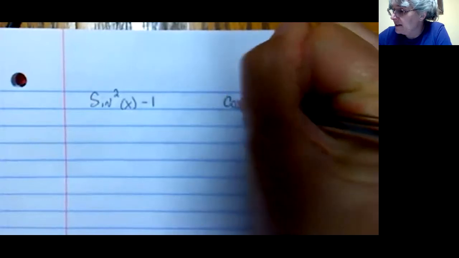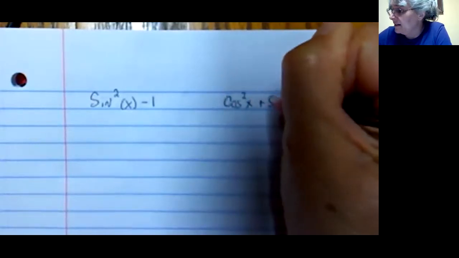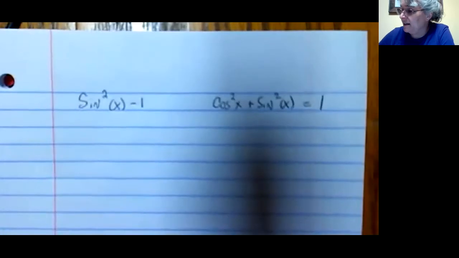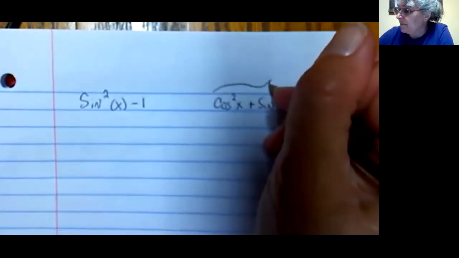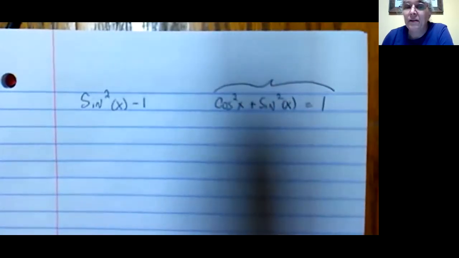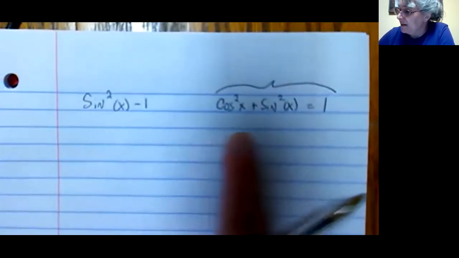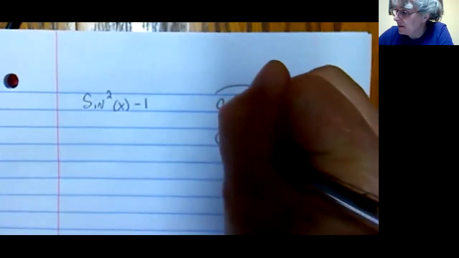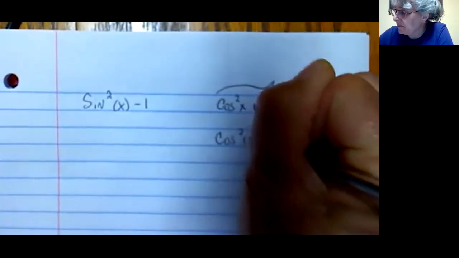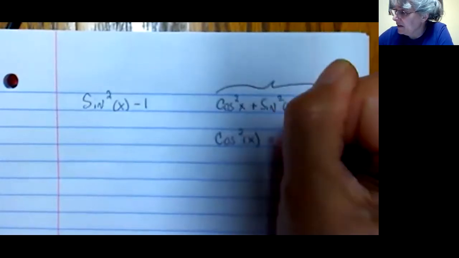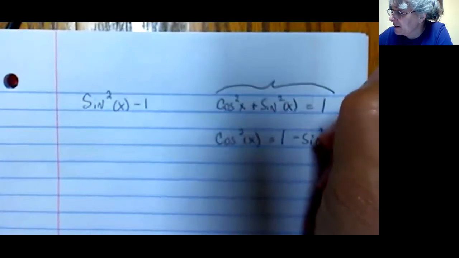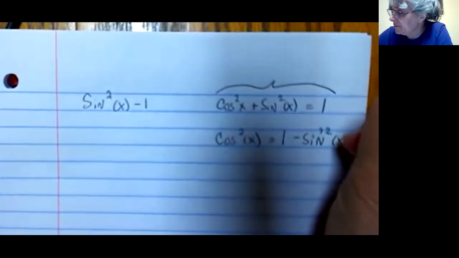cosine squared x plus sine squared x equals 1. That's Pythagorean's identity, right? That's the big important one. Hey, if I move sine squared x over here, sine squared x.